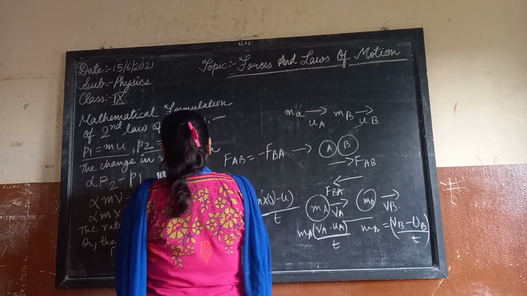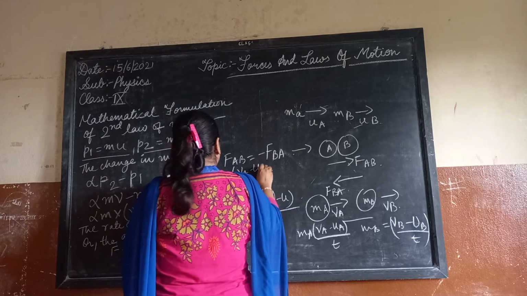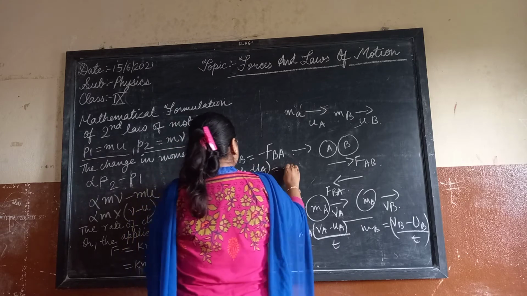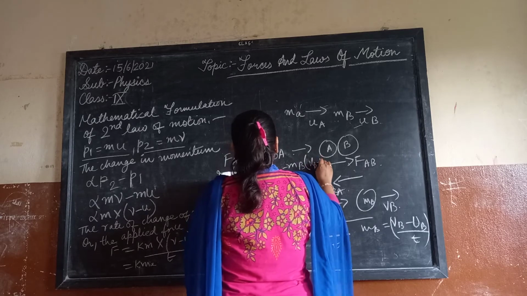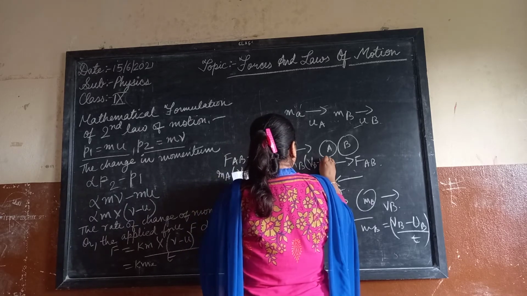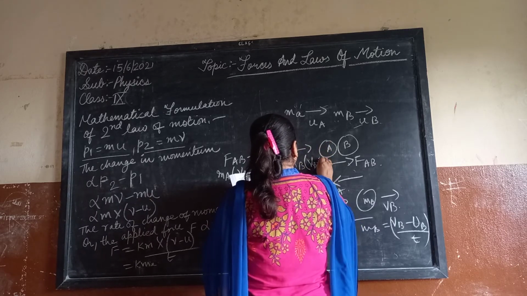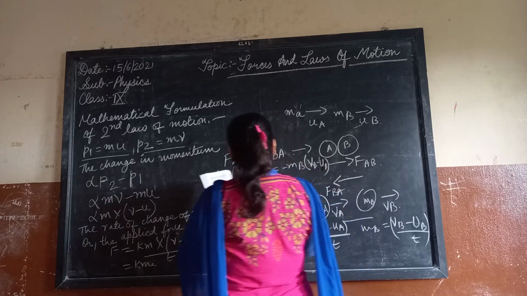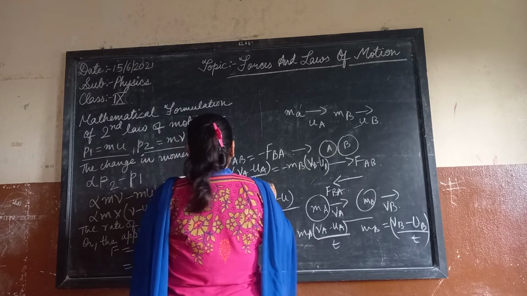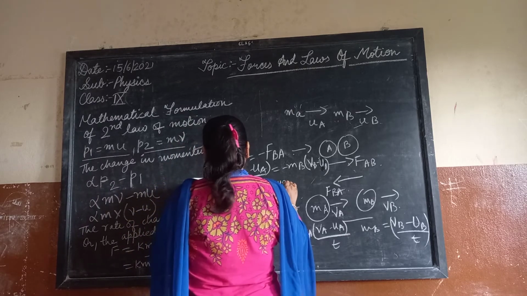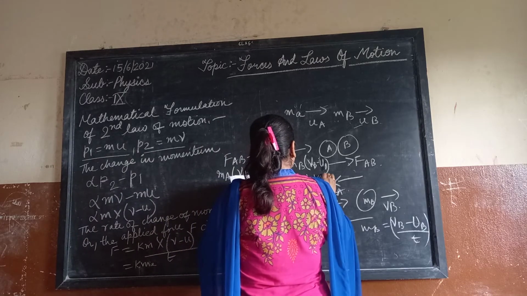These two are equal and opposite. Thus, m_A (v_A minus u_A) by t will be equal to minus m_B (v_B minus u_B) by t. And thus we arrive at the solution: m_A u_A plus m_B u_B is equal to m_A v_A plus m_B v_B.